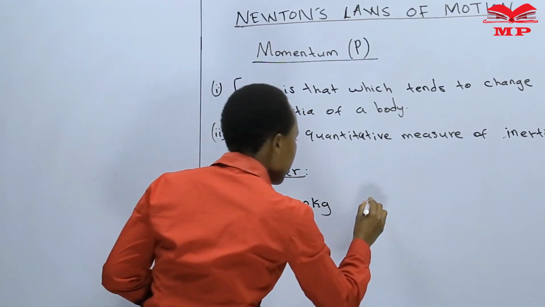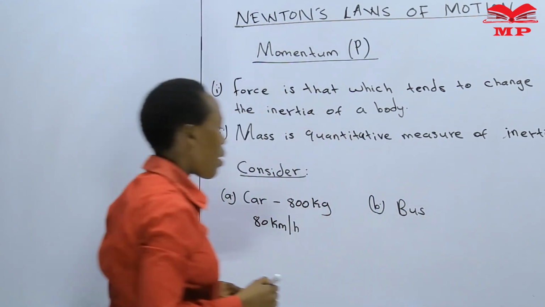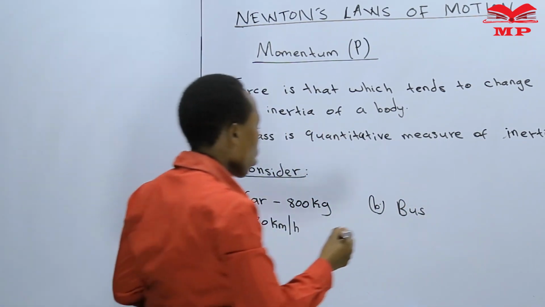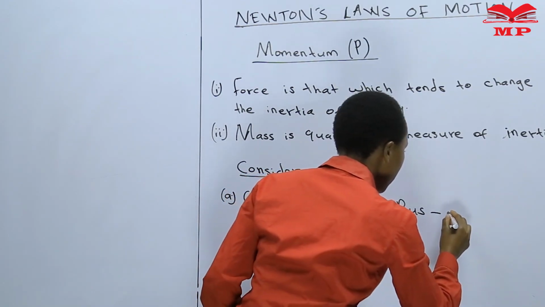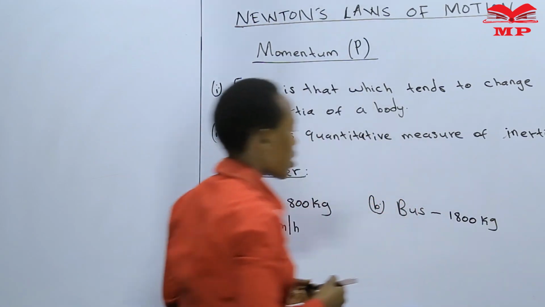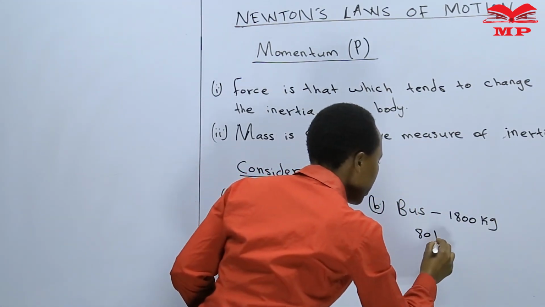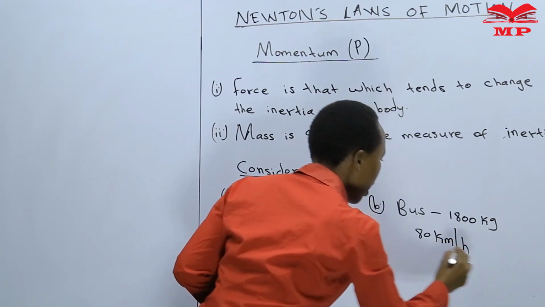In case B, we have a bus. The mass of this bus together with the occupants is 1800 kilograms, and the bus again is moving at 80 kilometers per hour.